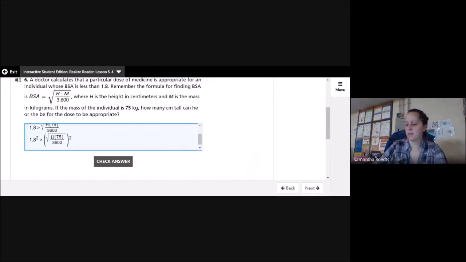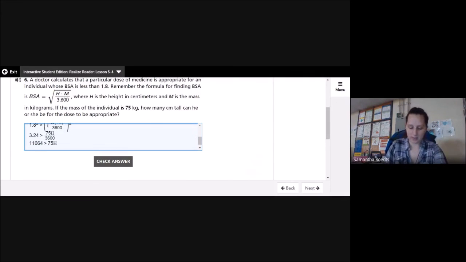So I get 1.8 squared is 3.24, is 75h over 3,600. I need to multiply both sides by 3,600. So 3.24 times 3,600 gives me 11664 is 75h.